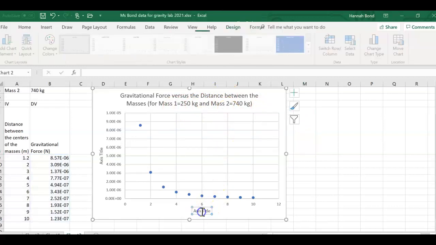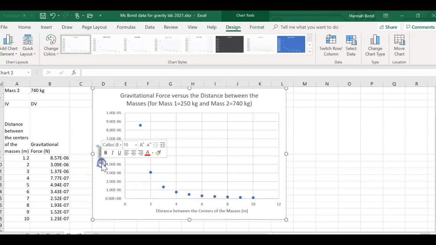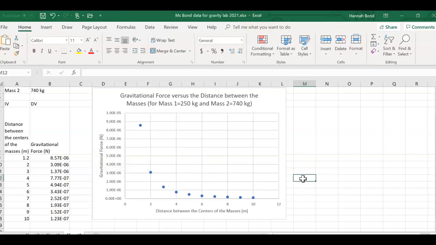I definitely don't want to lose them. The independent variable is distance between the centers of the masses, measured in meters. The dependent variable is the gravitational force, measured in newtons.